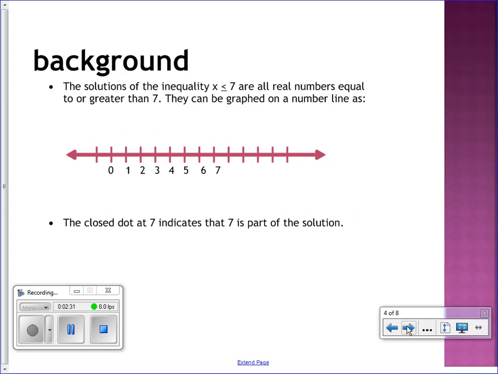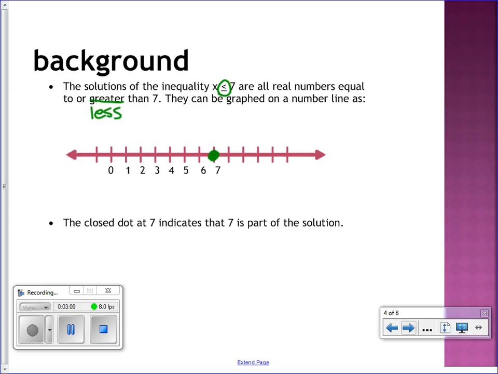The solutions of the inequality x is less than or equal to 7 are all real numbers equal to or less than 7. They can be graphed on a number line in this way. Now, because we have less than or equal to, when I put my dot at 7, this time it's not going to be an open circle.